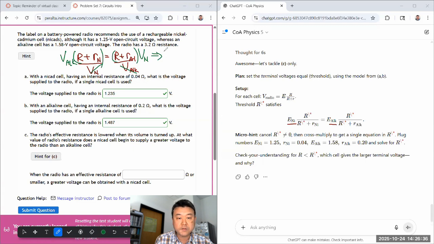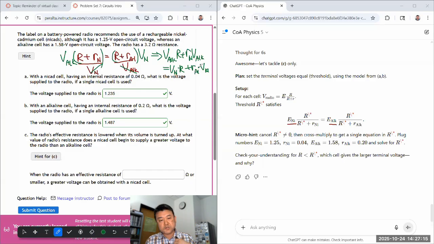You distributed it, and you got V alkaline times R plus R NiCad, V alkaline is equal to V NiCad times R plus R alkaline times V NiCad.